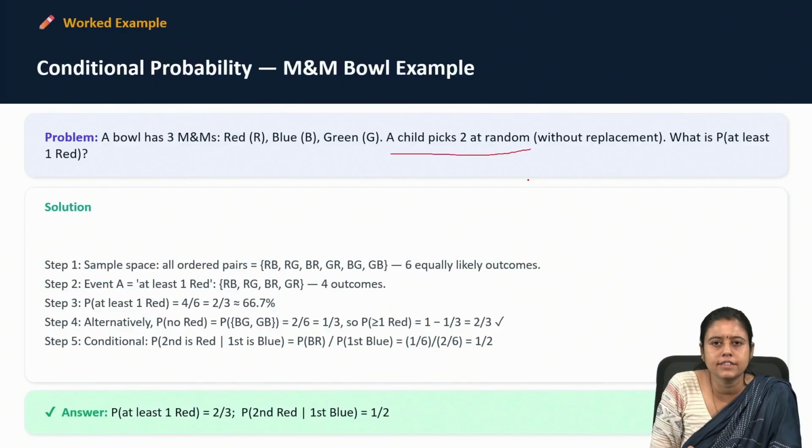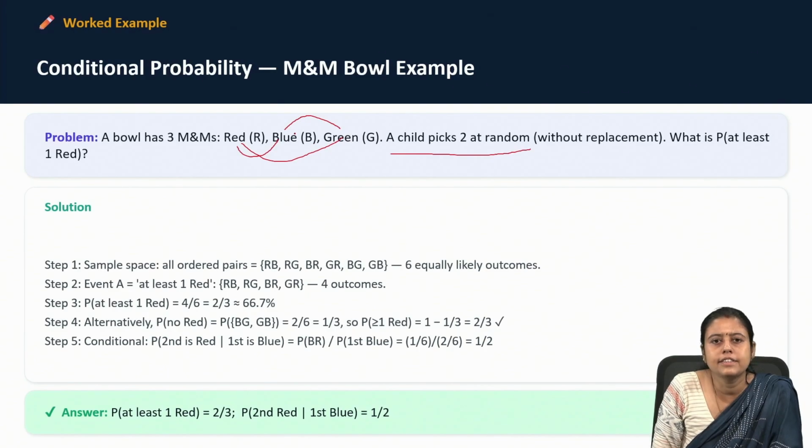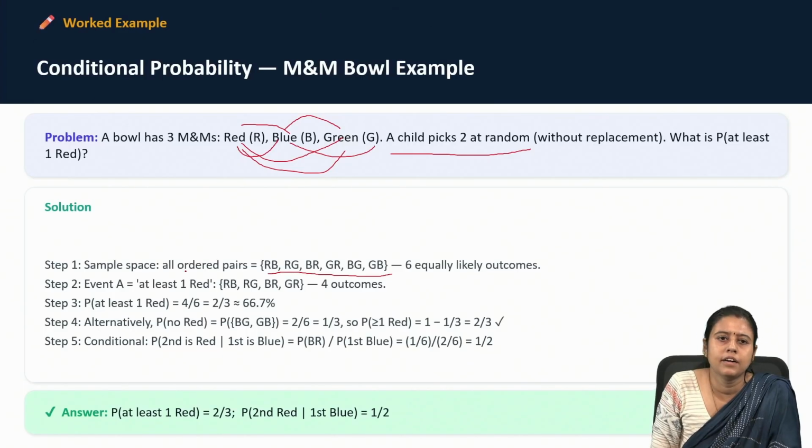First we have to understand the possible outcomes. The child can take red, blue; red, green; blue, green; blue, red; green, red; green, blue. So 6 outcomes are possible in this case.